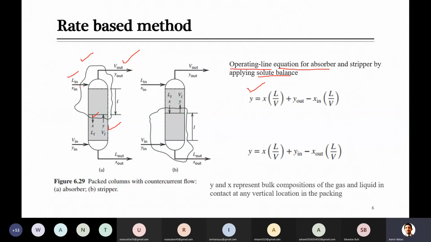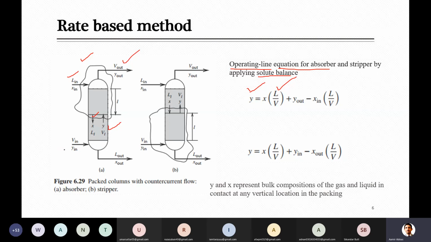So in that case, the liquid flow rate at the top as well as leaving from the bottom of the tower will not be much affected; it will remain the same.